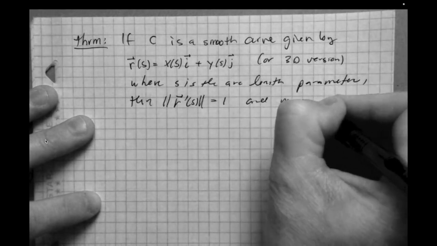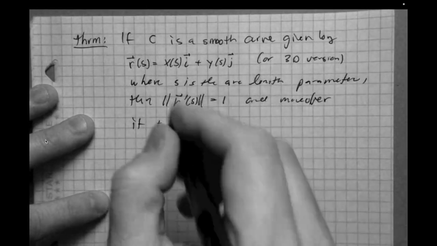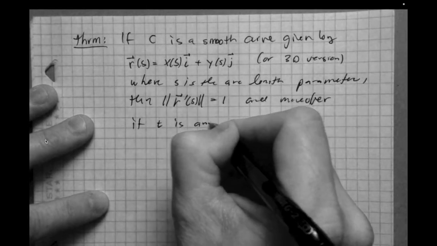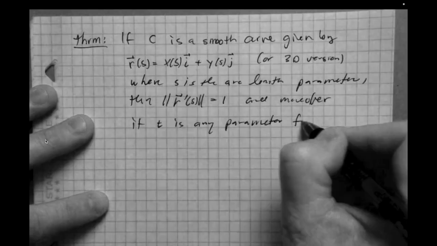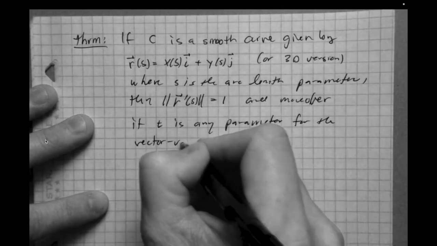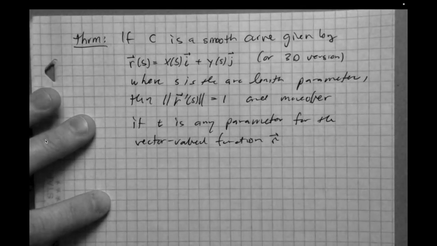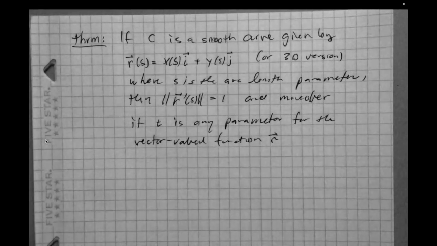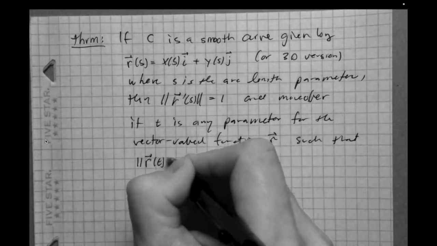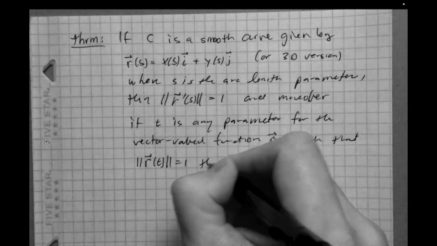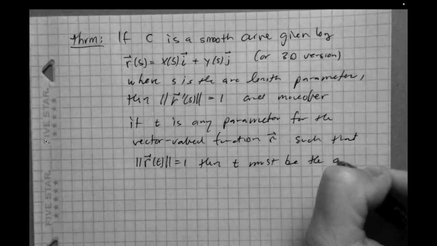Moreover, if t is any parameter for the vector-valued function r such that the norm of the derivative is 1, then t must be the arc length parameter.